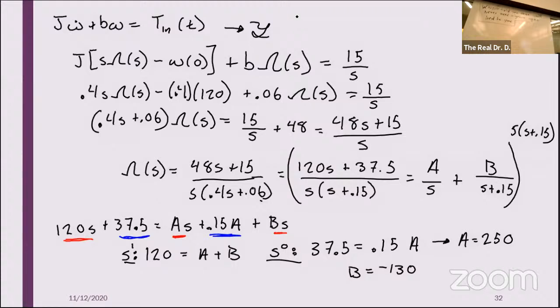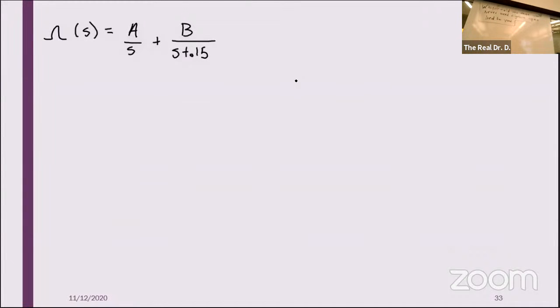We get Y, or not Y of S, sorry, omega of S is equal to A over S plus B over S plus 0.15, right? There, now we're all on the same page. So this is equal to 250 times 1 over S plus negative 130 times 1 over S plus 0.15.